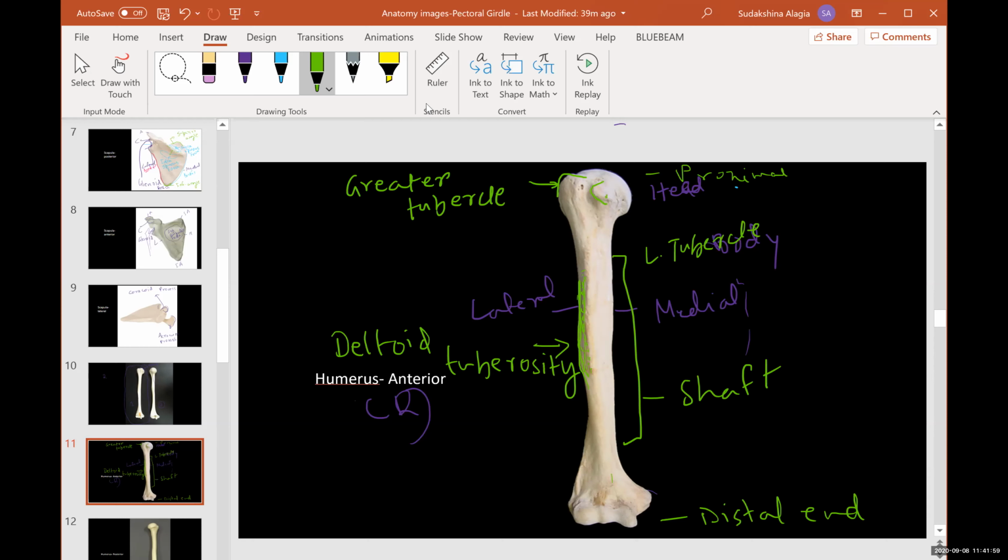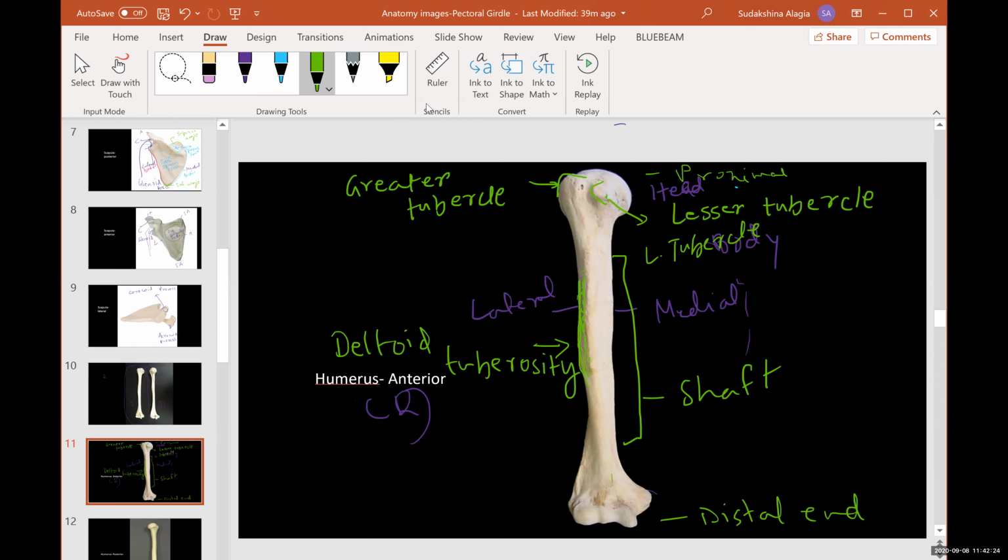This is the lesser tubercle. You can also remember, another way to remember is what's on the other side of the head, lateral, what's closer to the medial.